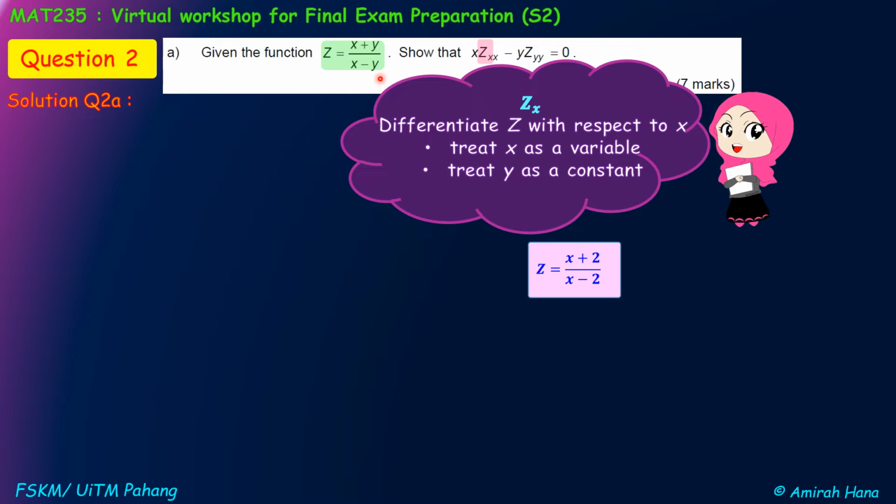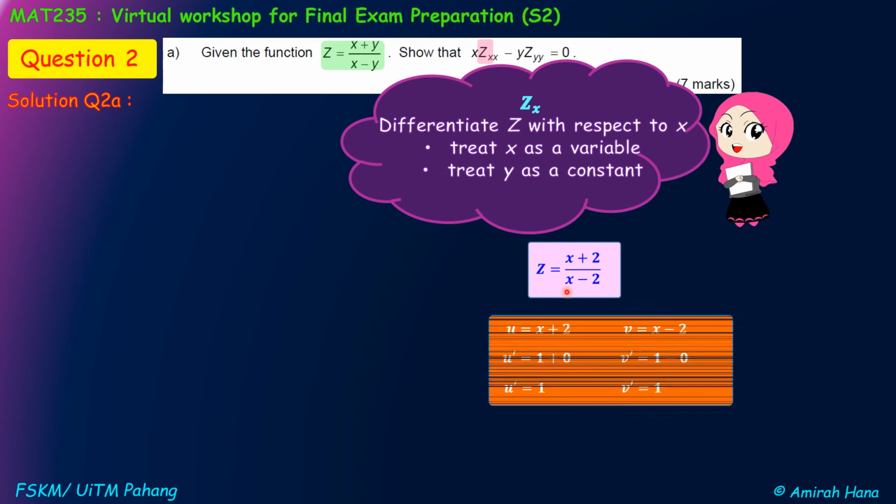Let's say y now equals 2, because we treat y as a constant. If we have z equals (x plus 2) over (x minus 2), to differentiate z with respect to x we need to use the quotient rule. Before that, we need to identify u and v. Our u equals the numerator x plus 2 and v equals the denominator x minus 2.